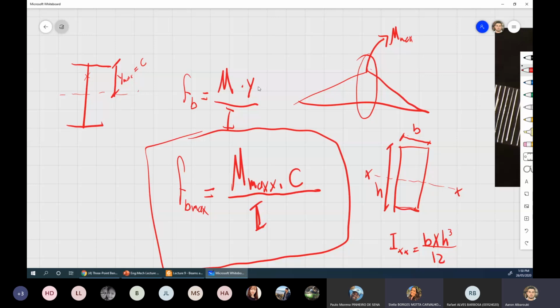I'm not saying second moment of inertia, I'm saying second moment of area or moment of inertia. Okay, so Ix is second moment of area or moment of inertia. Okay, thank you. All good.